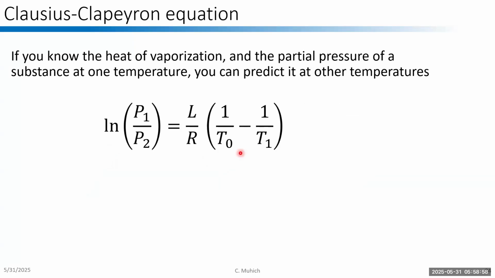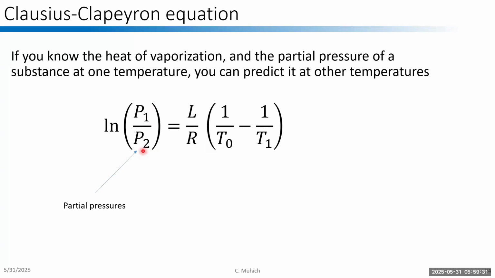Okay, so it's possible as well that you don't necessarily have those A, B, and C constants. You have some sort of new species, and you've measured the partial pressure of that species at one temperature, and you know the heat of vaporization, so you can predict the partial pressure at other temperatures.